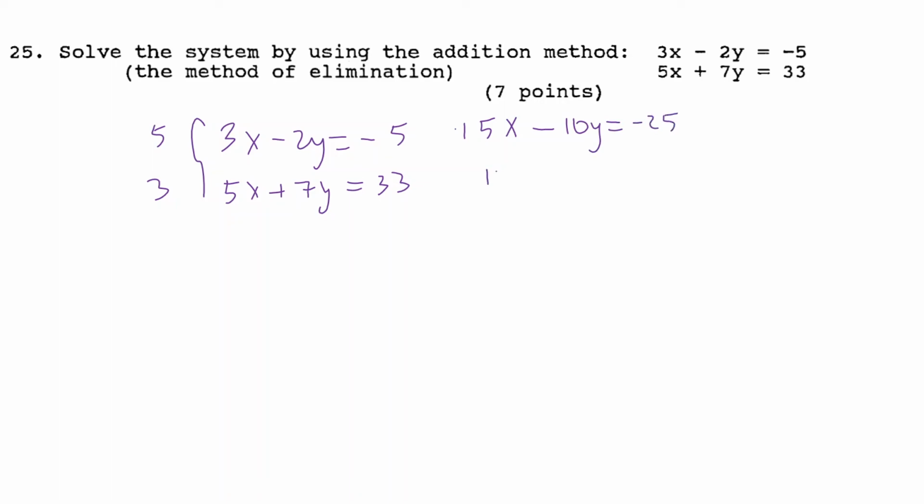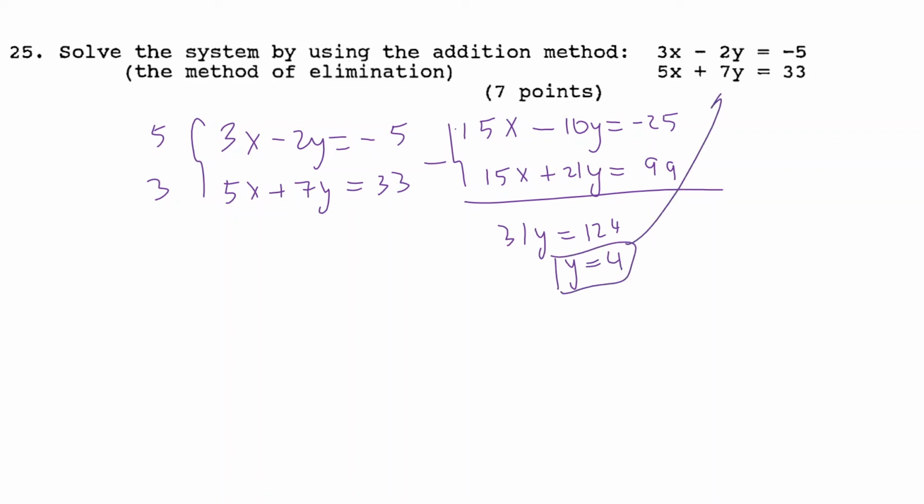Here we got 15x plus 21y is equal to 99. I gotta subtract the bottom, so it's 31y equals 99 plus 25. That is 124. So y is equal to 4.